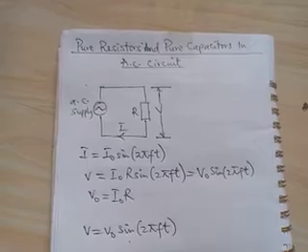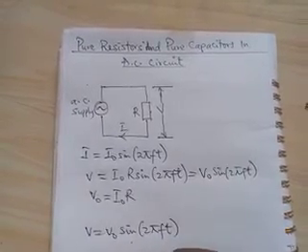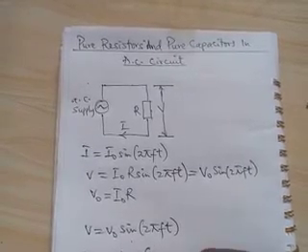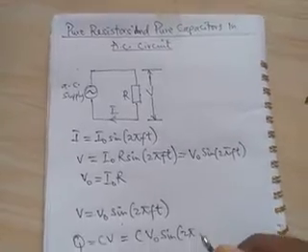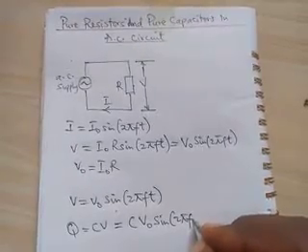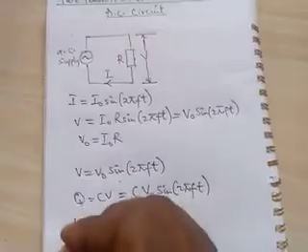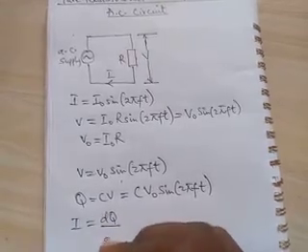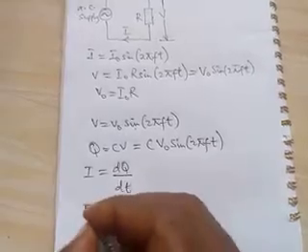The instantaneous charge on the capacitor will be, because Q is equal to CV, now C times V naught sine 2 pi ft.